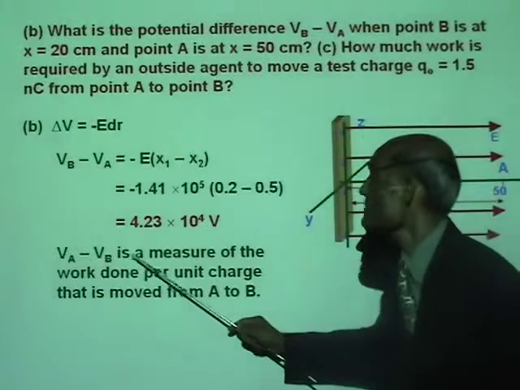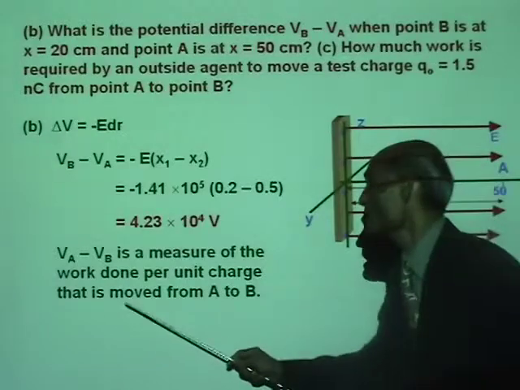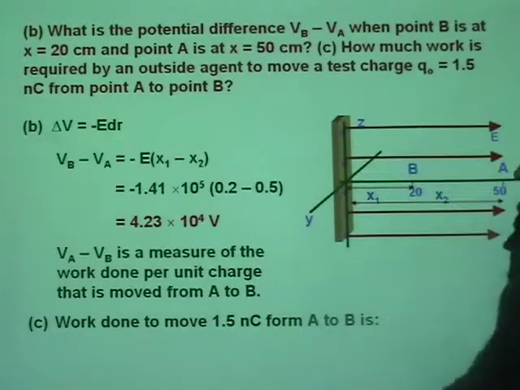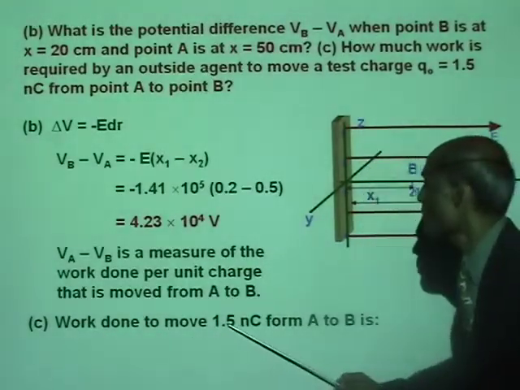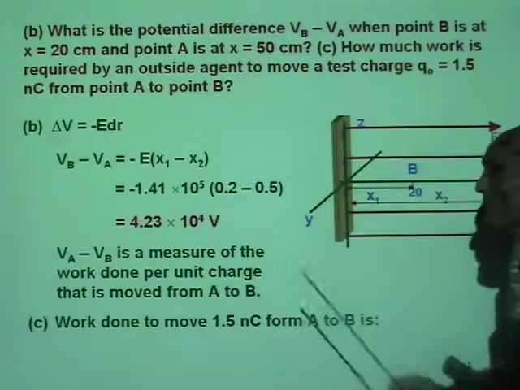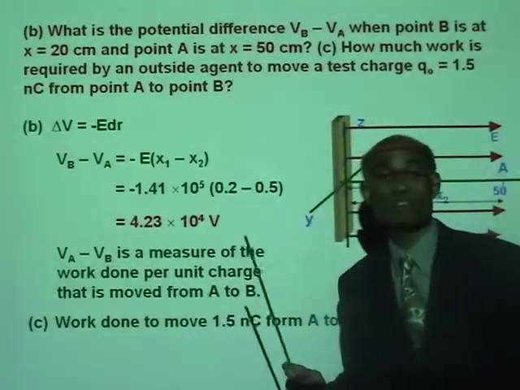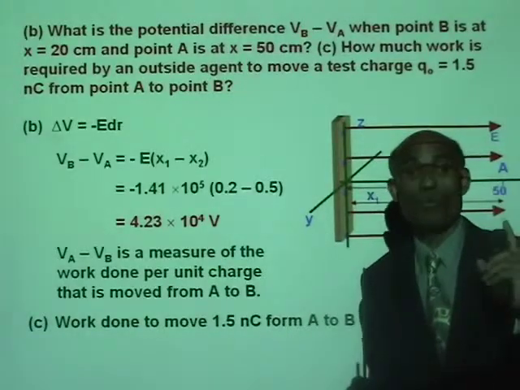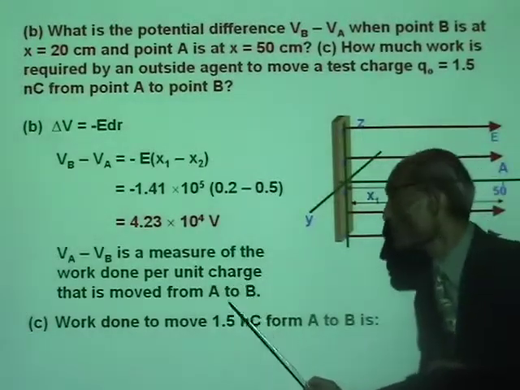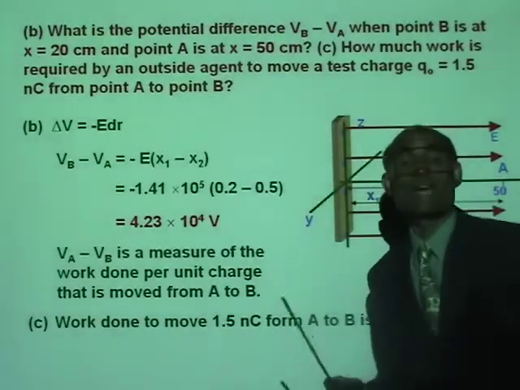VA minus VB is a measure of the work done per unit charge that is moved from A to B. Now, we've got a C part. What is the work done to move 1.5 nanocoulomb from A to B? Well, what did we say this quantity is? This quantity is a measure of the work done to move 1 coulomb of charge from A to B. Therefore, what is the work done if you want to now move 1.5 nanocoulomb from A to B?